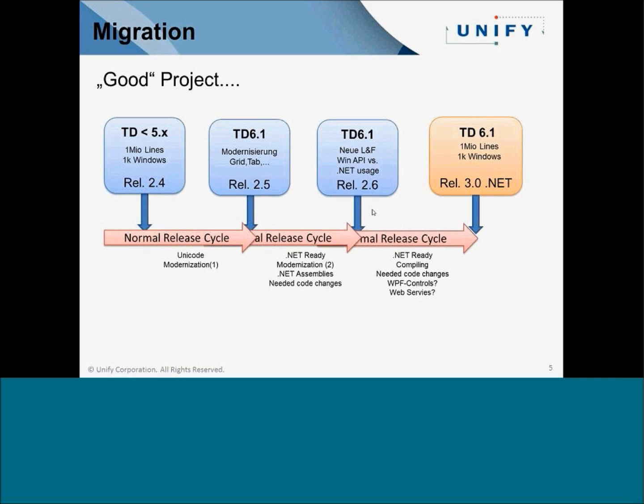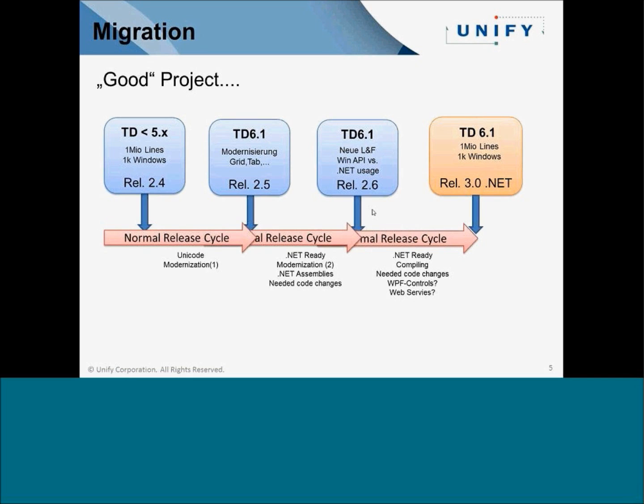The next step could be that you look into the .NET environment to get your sources .NET ready. That means maybe you have a second modernization path to use the outline list container to replace menus with a totally different way to navigate through your application. You can now implement .NET assemblies.